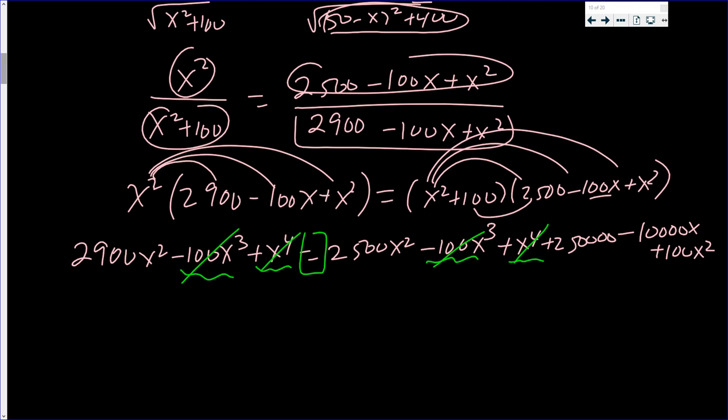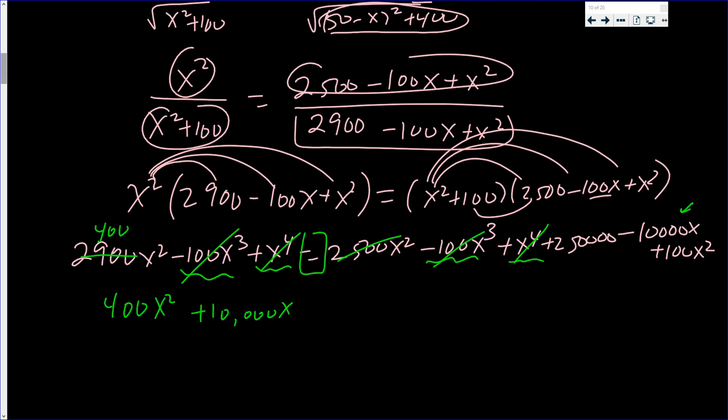Now, if I bring these over to the other side, I'll just have 400. So I have 400x squared, and I'll bring everything else over, plus 10,000x.